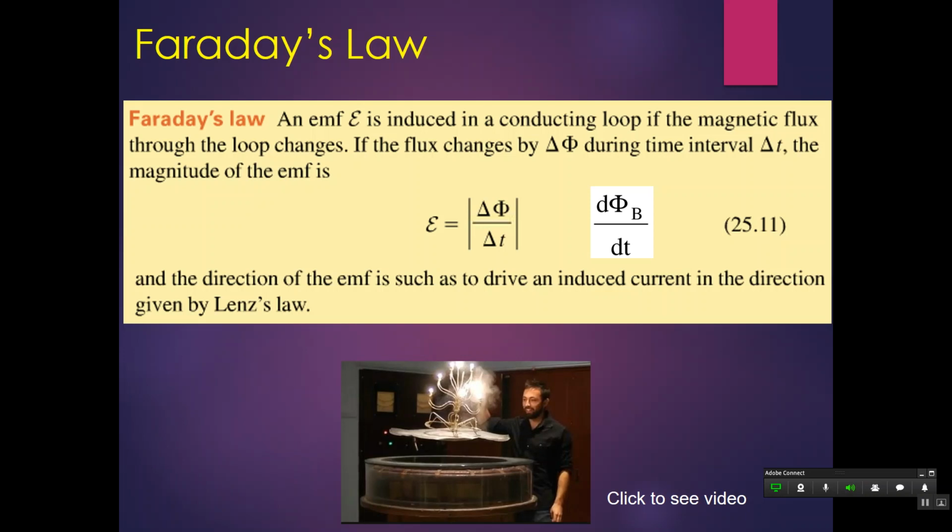So the EMF produced is going to be proportional to the change, the delta phi or delta flux over time. And that's not always going to be obvious. It's not always just going to be delta. So we rewrite it as the derivative with respect to time of flux.